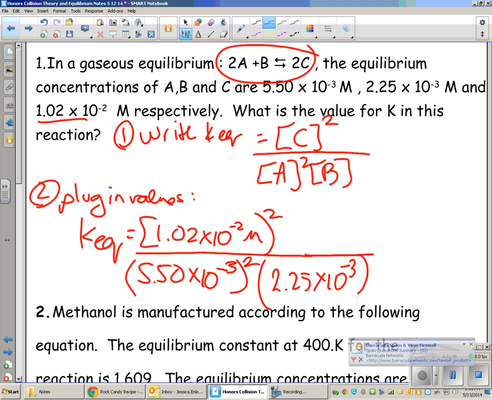For this, once I plug it in, I just put parentheses so that it's still representing concentration, but if I put the M there, I'm also representing it, so it doesn't matter when you plug it in. When you write it out by itself, you have to do brackets.